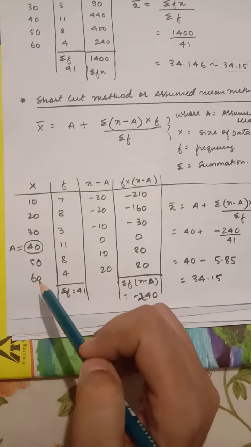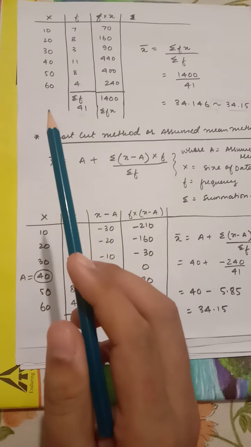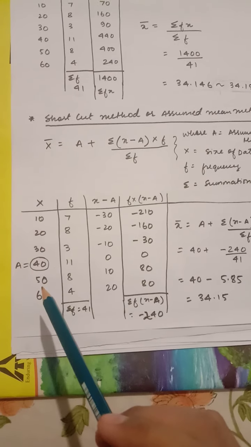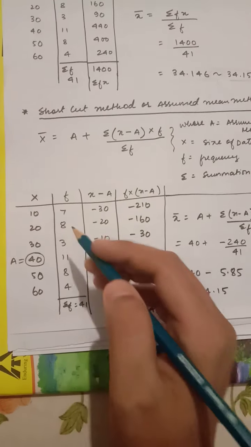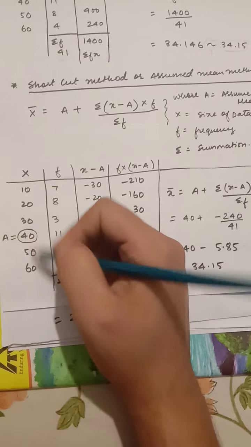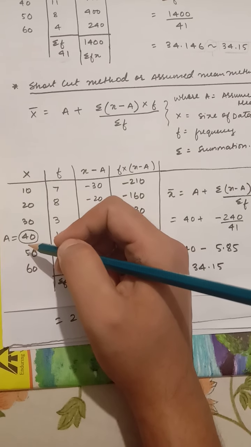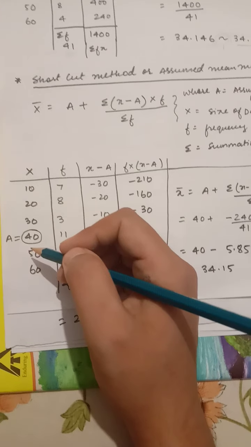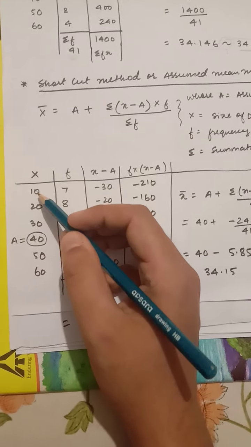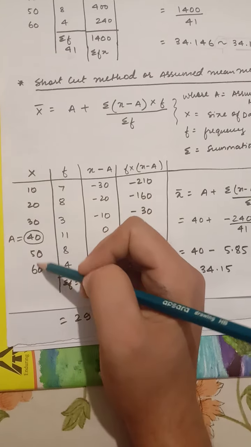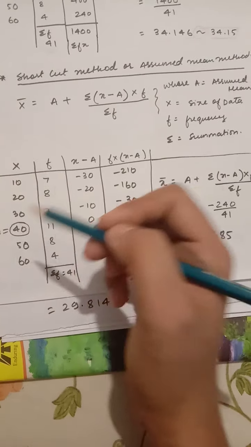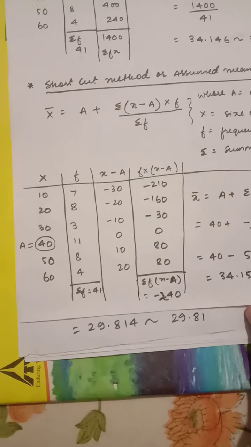I have taken the same data that we took for the direct method. First we take any number from here. You could take any number from outside, suppose you could take 1 lakh, but for convenience it is recommended to take a number within the series. So I have taken 40. You could take 20 or 10. The answer will be the same.